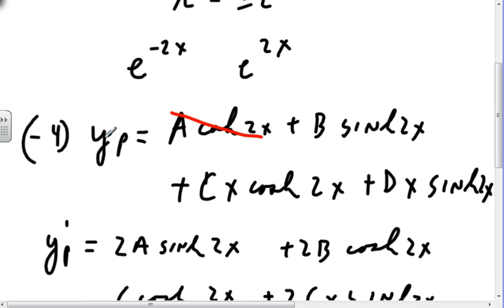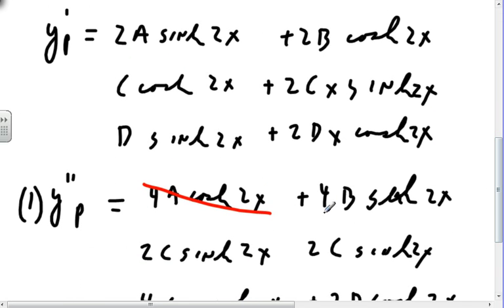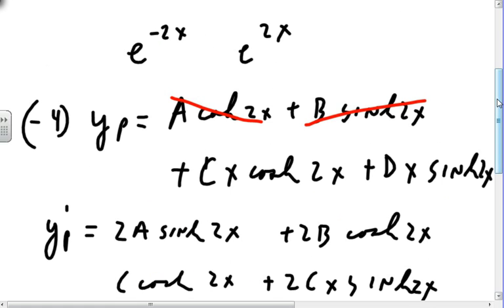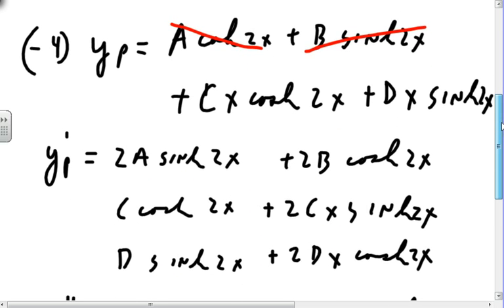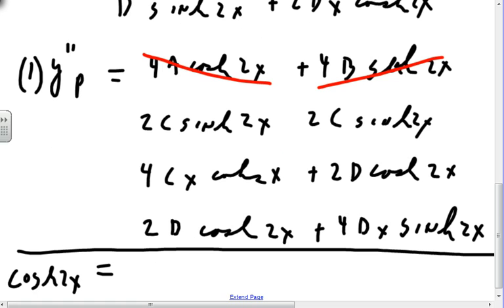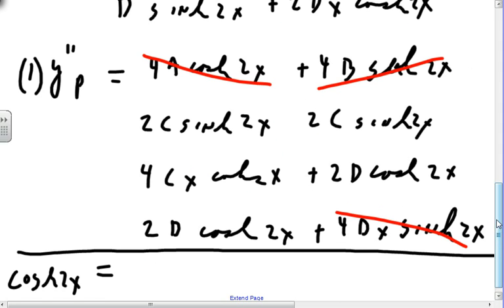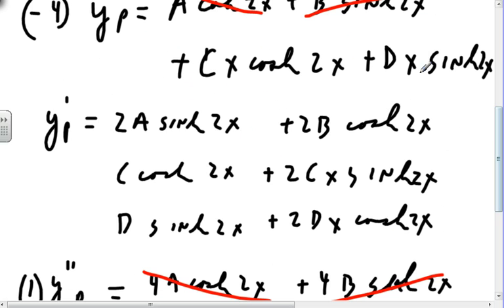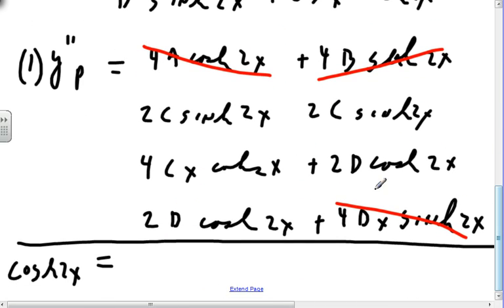I've got minus 4B hyperbolic sine, I've got plus 4B hyperbolic sine, they go away. I've got minus 4CX hyperbolic sine, minus 4C, minus 4DX hyperbolic sine, minus 4CX hyperbolic cosine.